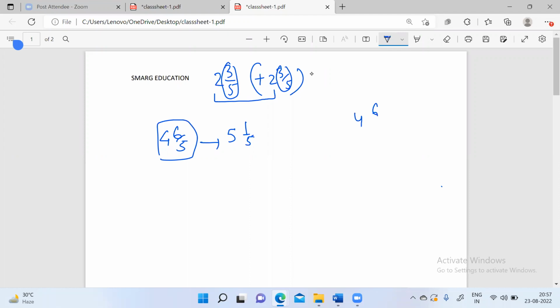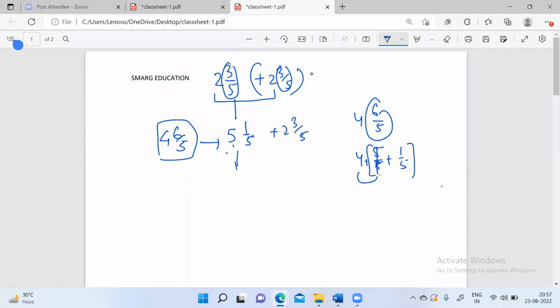4 6/5, what did we do? I put 5/5 separately. I just removed 5/5 from this number, made it 1 and added it to 4. So 5 1/5. And in order to get the next number in the table, I'll add 2 3/5.